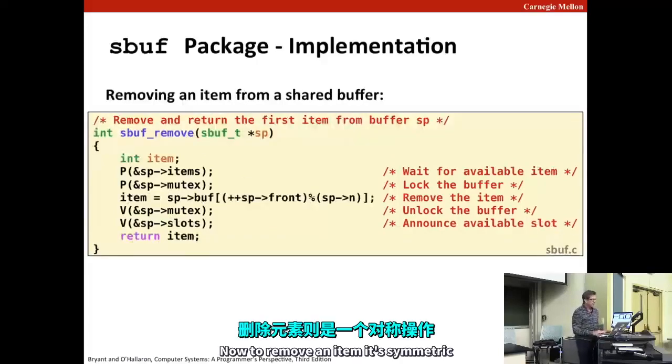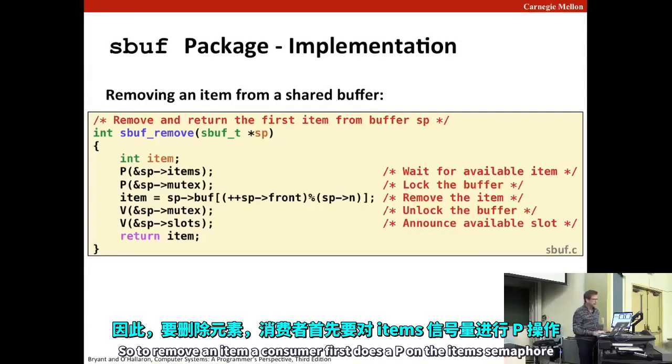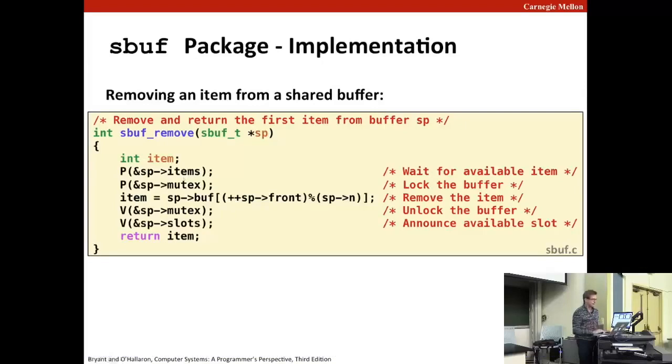Now to remove an item, it's symmetric, but instead of operating on the slots semaphore, it operates on the items semaphore. So to remove an item, a consumer first does a P on the items semaphore. So this now is waiting for an available item. It's waiting for the semaphore to be greater than or equal to 1.